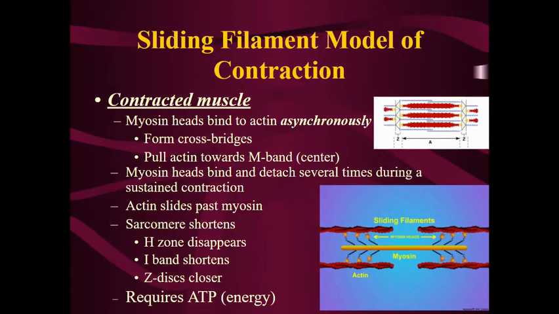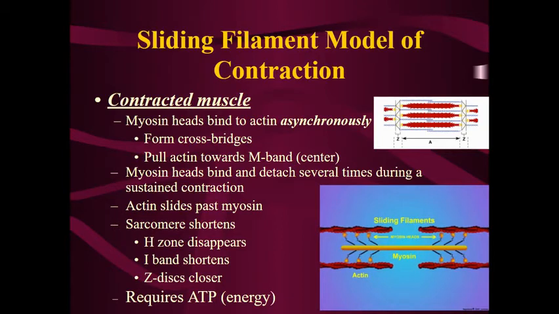When the myosin heads bind to the actin, that binding creates something called a cross bridge, and then the myosin head will pull the actin towards the M band. It'll pull it towards the center. The myosin heads will bind and detach several times during a sustained contraction. So they'll bind, pull, continually.